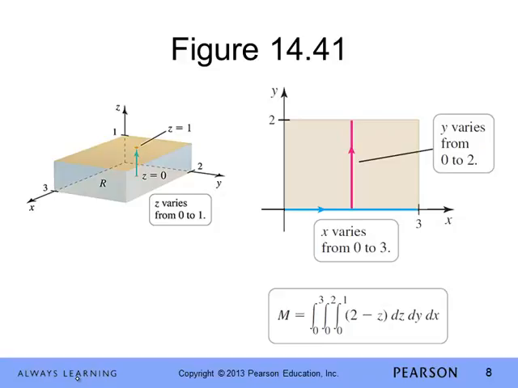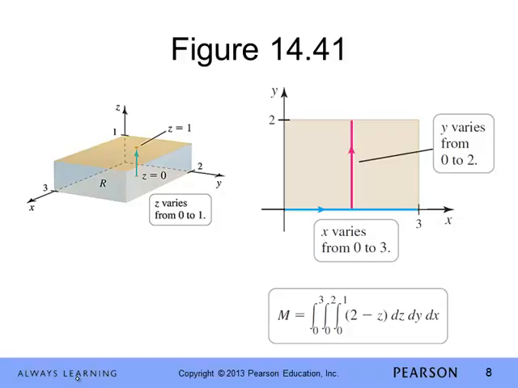In some cases, you have a certain order that makes more sense than some other order. But in this case, we could choose to integrate with respect to z, where z is going to vary between 0 and 1. And once you figure out your limits for the one variable, then you project that shape into the coordinate plane for the other two variables.